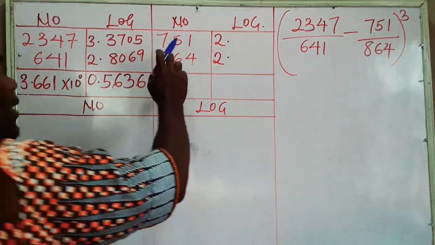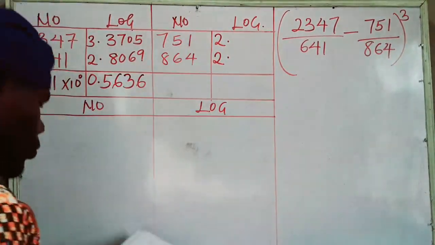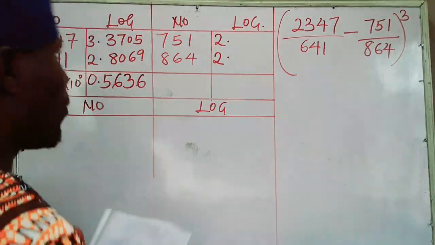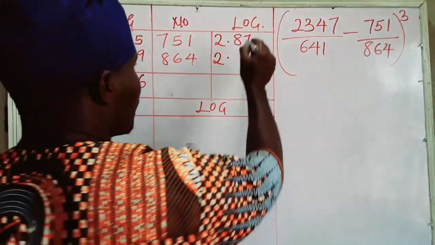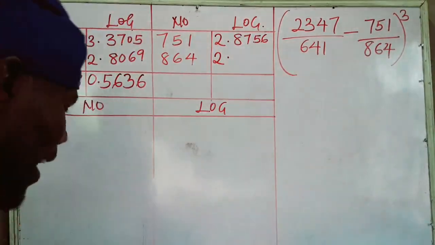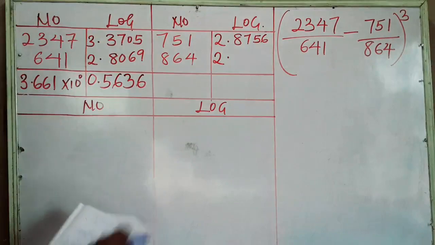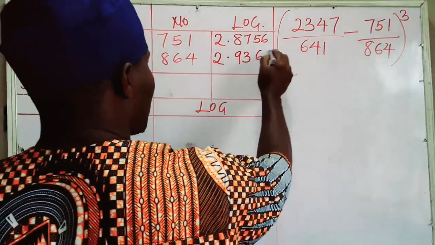You will now find the logarithm of 75 under 1. So the logarithm of 75 under 1 gives us 8756. The logarithm of 86 under 4 gives us 9365.